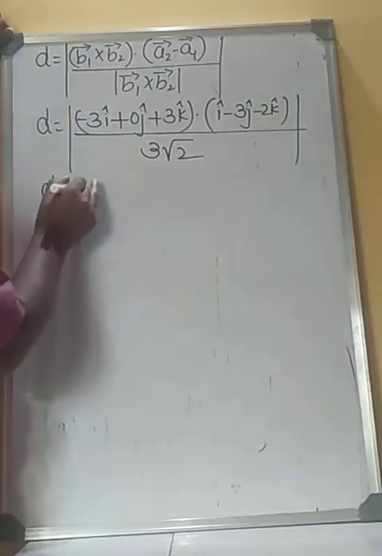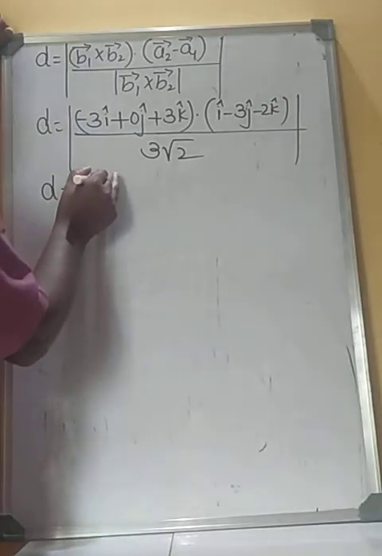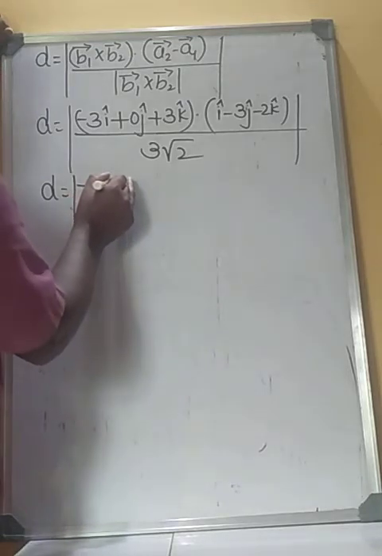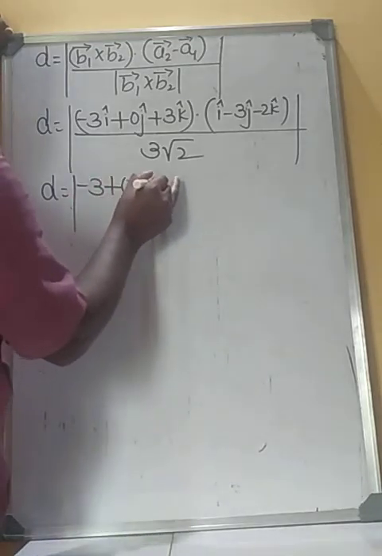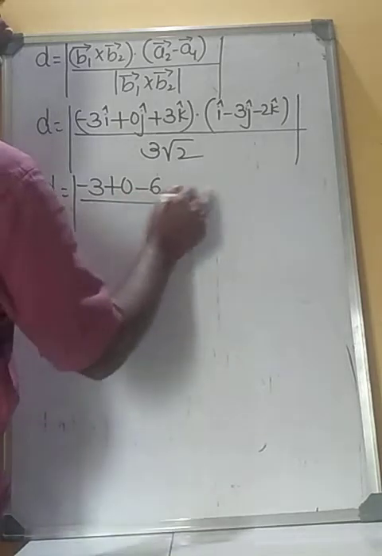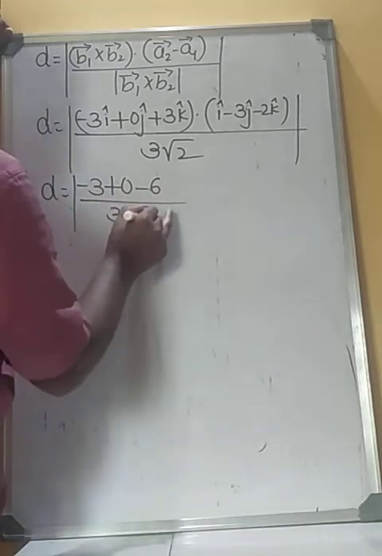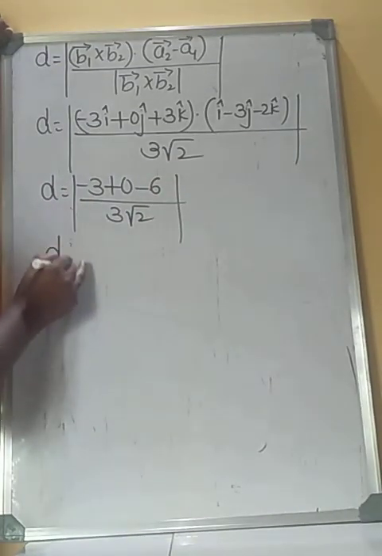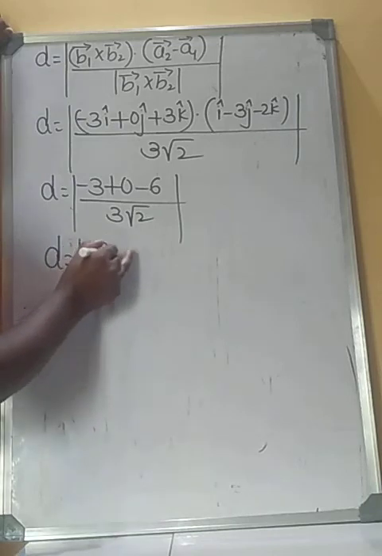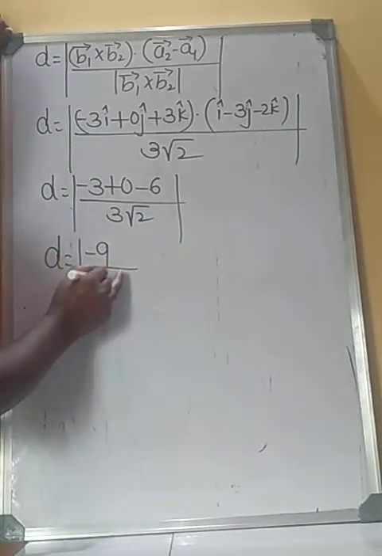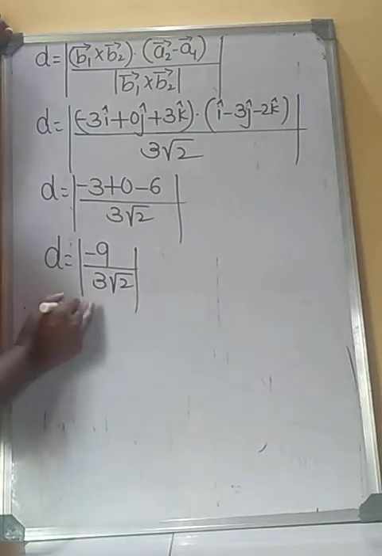Therefore, D equals the magnitude of minus 3 plus 0 minus 6, divided by 3 root 2. So D is equal to the magnitude of minus 9 divided by 3 root 2.